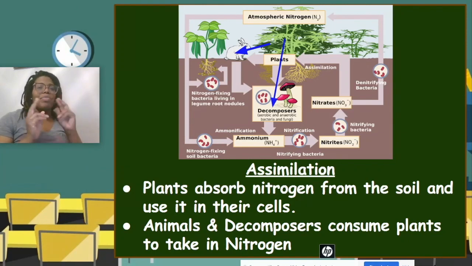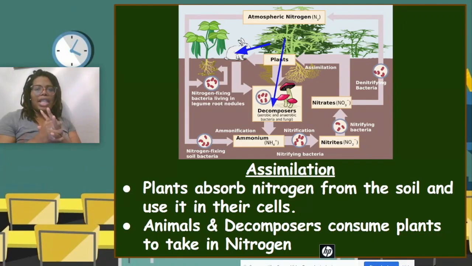And so it has to be fixed, and it could be fixed by lightning or bacteria. And then once it's fixed, it will get changed a little bit more, and then the plants will be able to take it in as a form they can use, and then we get it by eating plants. So that's the main flow that I want you to be able to understand as we discuss this.